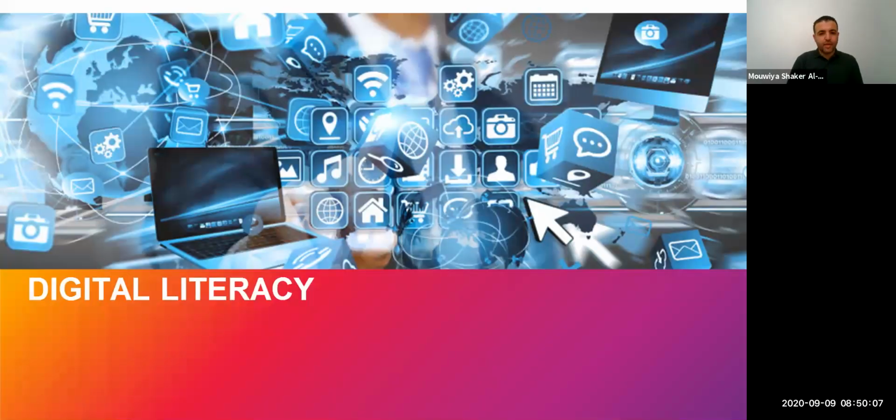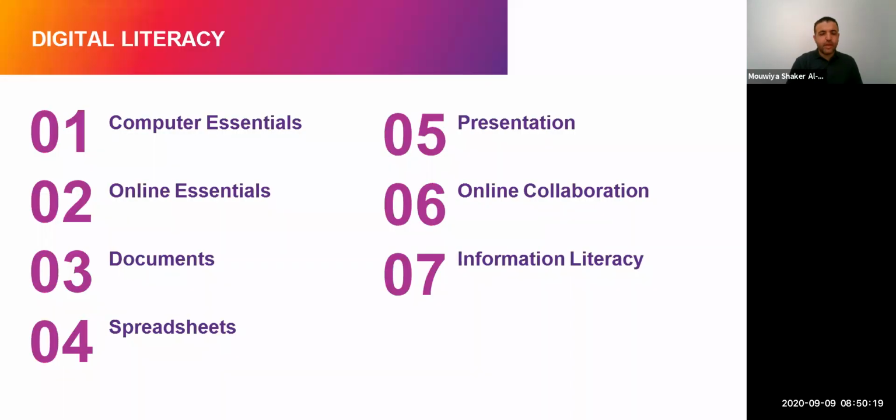So again, we're going to start the presentation of the digital literacy course, which will be recorded. We will have 7 modules. First one is computer essentials, online essentials, documents, spreadsheets, presentation, online collaboration, and information literacy.